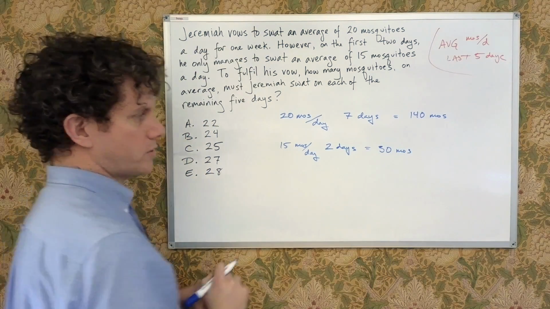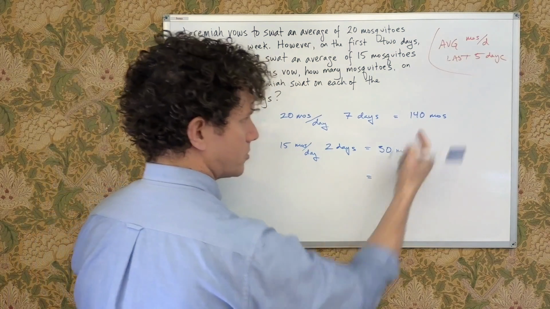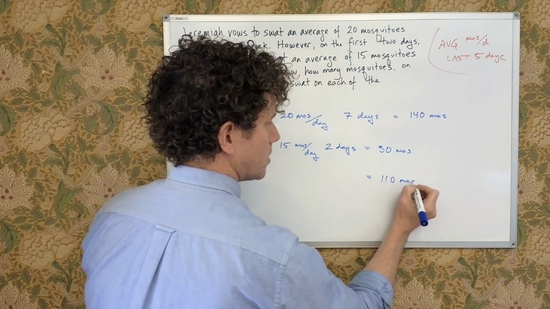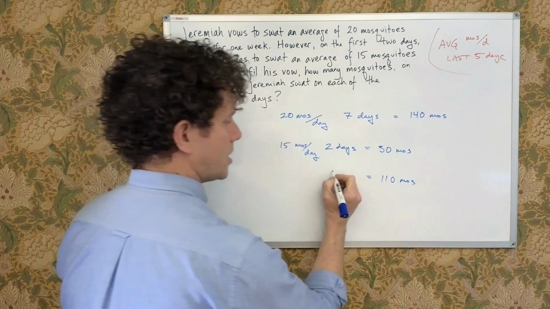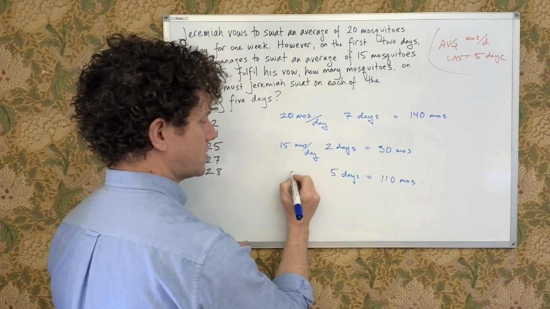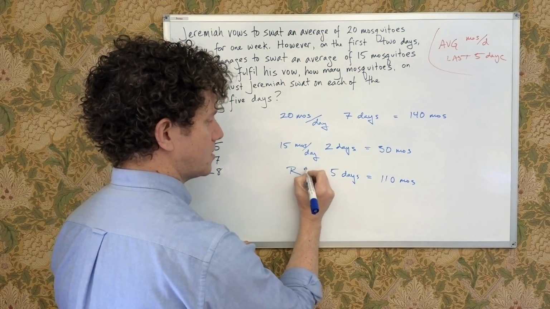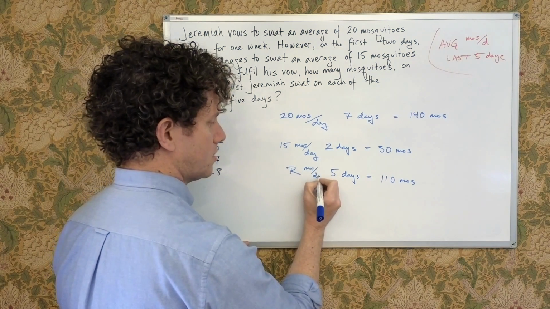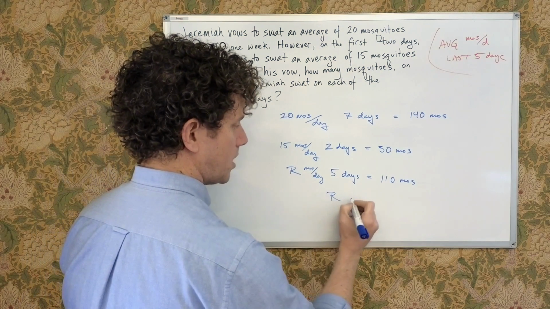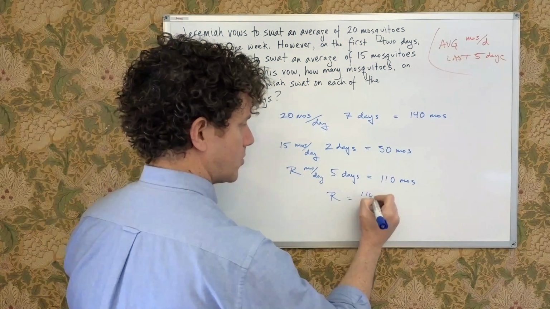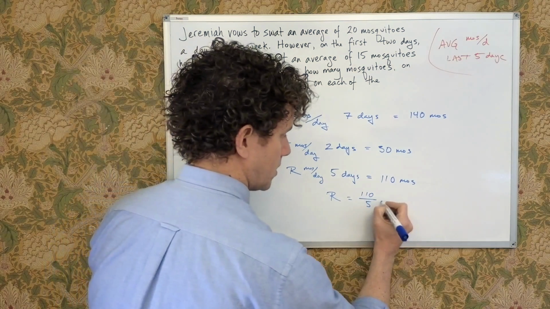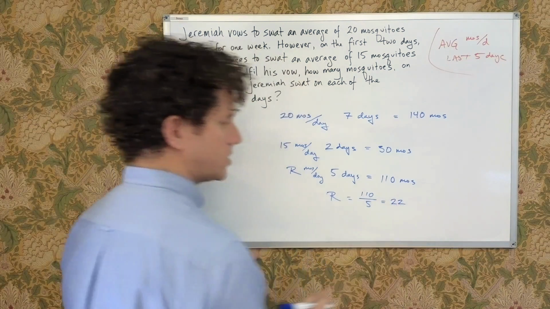So in order to get where he wants to be, in order to reach his target, he's got to get 111 mosquitoes in the next 5 days. That will give us his R rate of mosquitoes per day. Solve for R by isolating it, by dividing both sides by 5, and we've got 22.